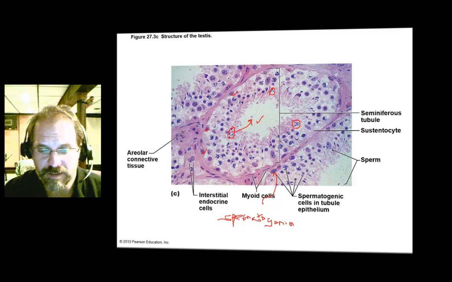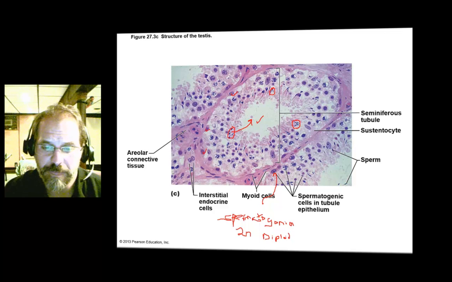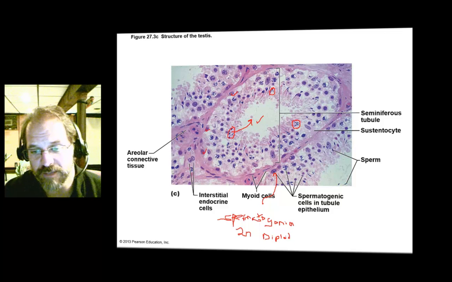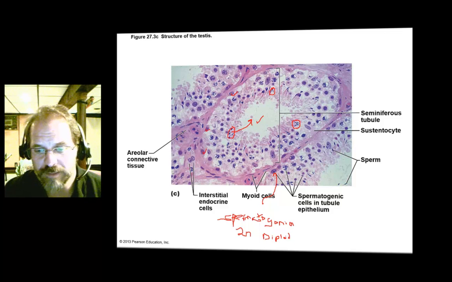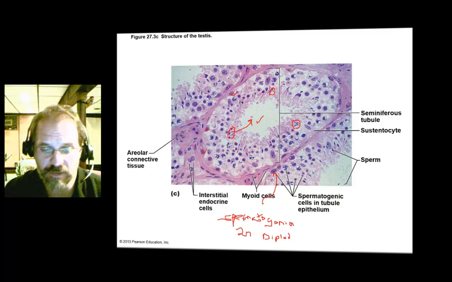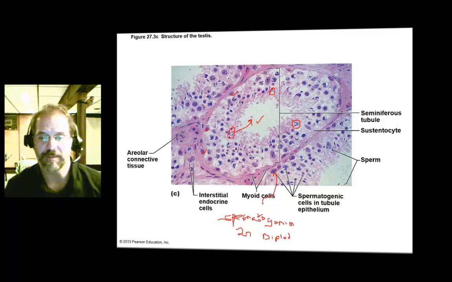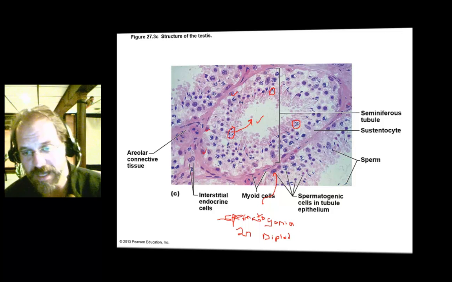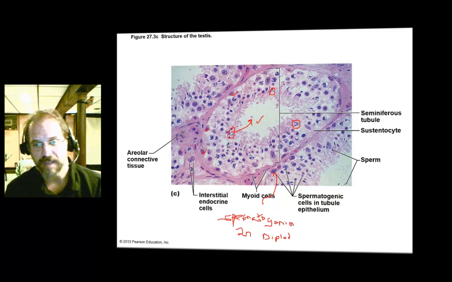The spermatogonia cells are 2N, which stands for diploid. A diploid cell is a cell that has 46 chromosomes. Our diploid spermatogonia can divide by two fates. One, they'll divide and give more spermatogonia, and that's if they divide by mitosis, so they can constantly regenerate their supply.